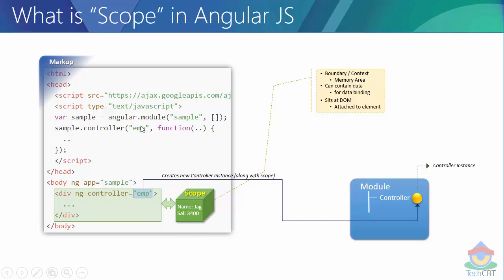The controller EMP gets instantiated the moment AngularJS finds an ng-controller directive with the same name as the controller. So the moment you provide the controller name here, whenever AngularJS tries to compile this particular template, it creates an instance of this particular controller, and that controller somehow has a relation to the scope.